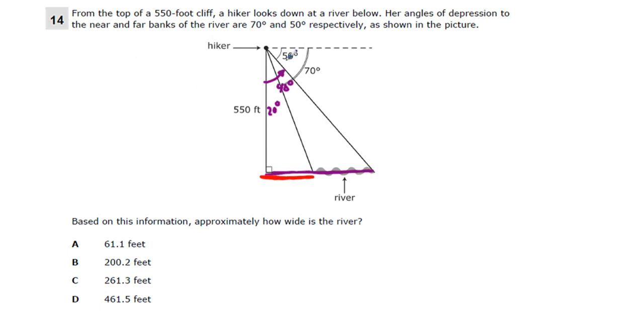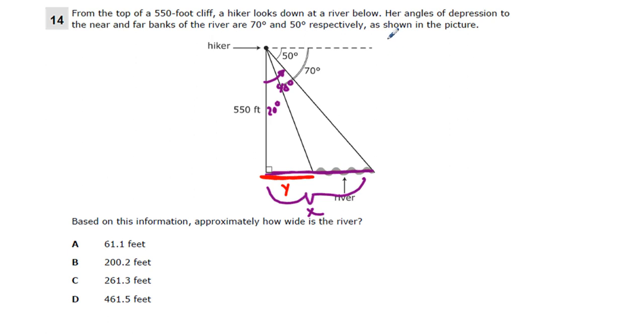For the big one, we can call this little one y, and in purple I'll call this distance here, the river plus y, x. So we say that x minus y is the river.